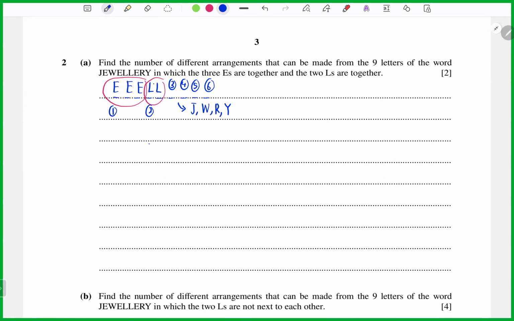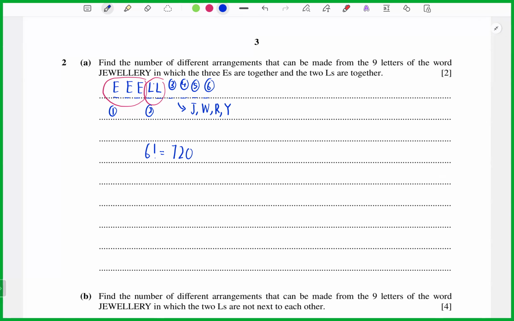So you should take 6 factorial, which equals 720. Because you can see the E's together are one package, and the L's together are also one package. So we consider each as one position, and then we can arrange these 6 positions. So you take 6 factorial, which equals 720.